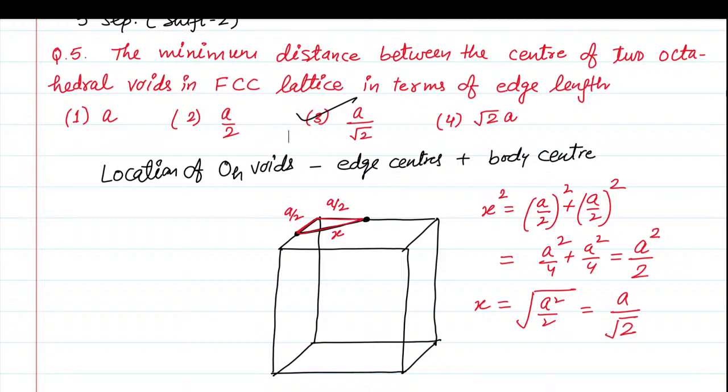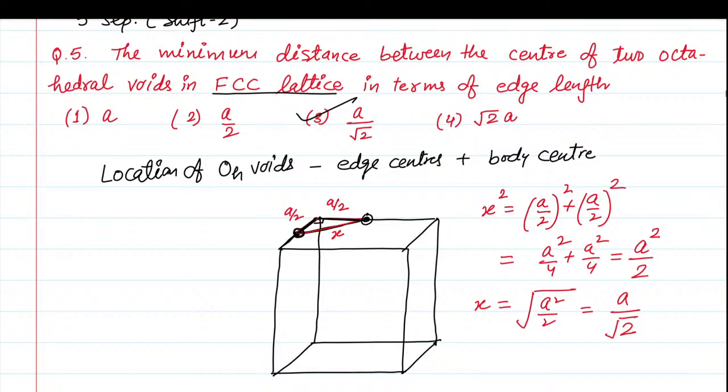The question is minimum distance between the centers of two octahedral voids in FCC. You know, in FCC, octahedral voids are at the edge centers. This is an edge center, this is also an edge center. Edge center means it is at the half of the edge, so it is a by 2, this is also a by 2, and there is a 90-degree angle.